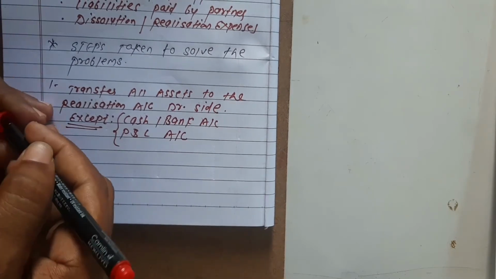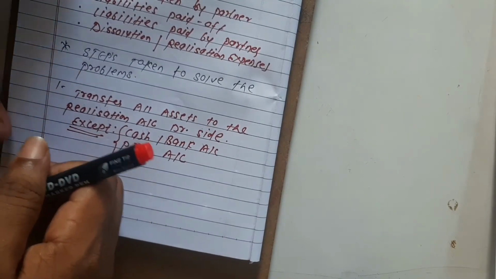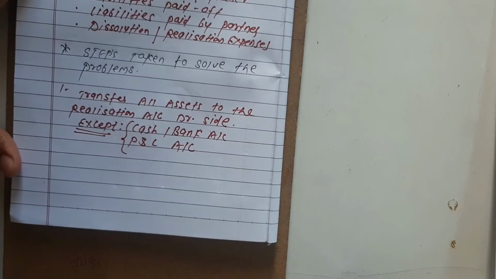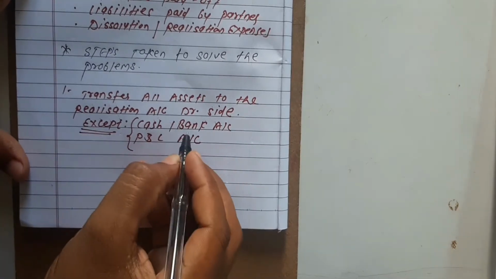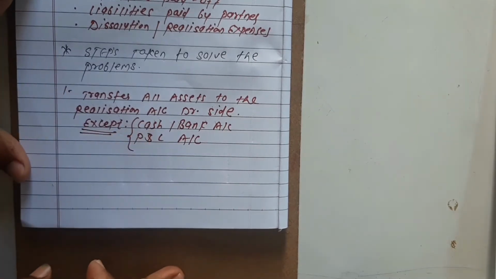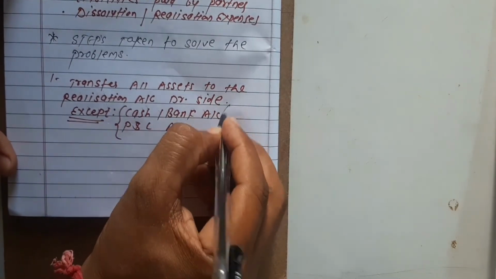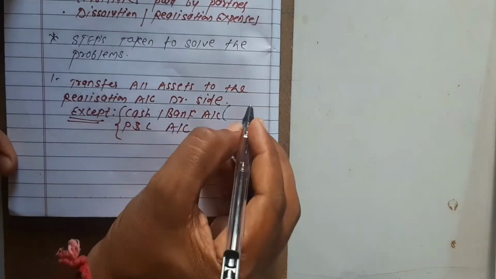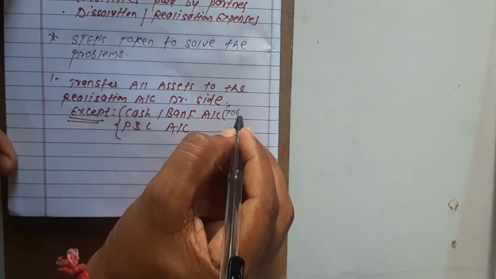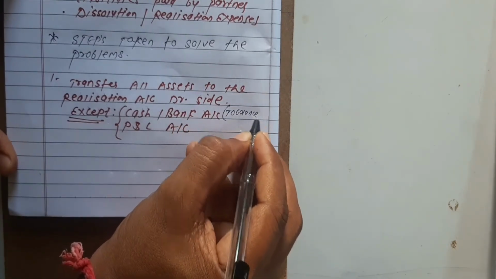Now the question is, sir, why is cash or bank account not to be recorded? Because for cash and bank there is a separate account of cash or bank.